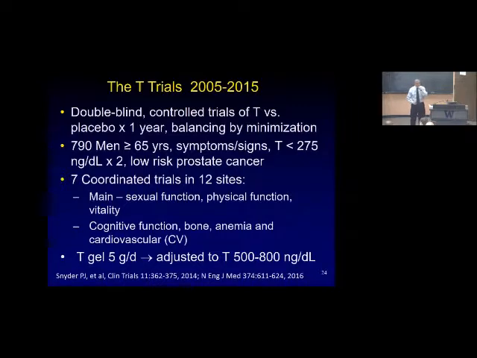At the same time, in order to maintain the blinding so that you didn't know you were on testosterone, people in the placebo group also had their dosage adjusted. And it was all coordinated in an unblinded coordinating center. None of the investigators and none of the subjects knew what they were on and how they were being titrated, whether with placebo or with testosterone.